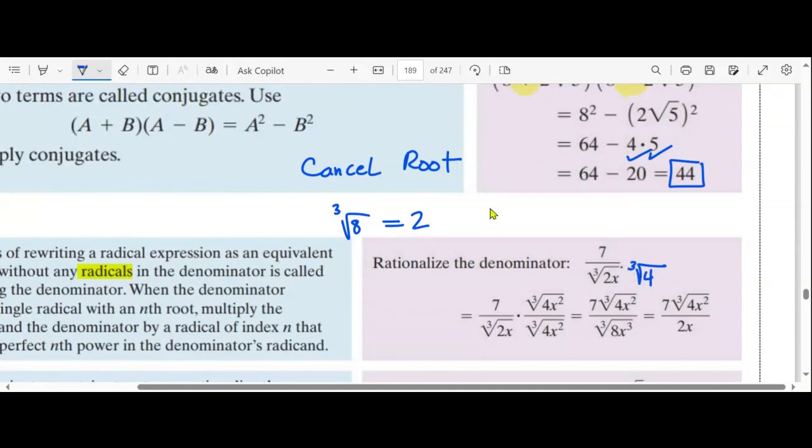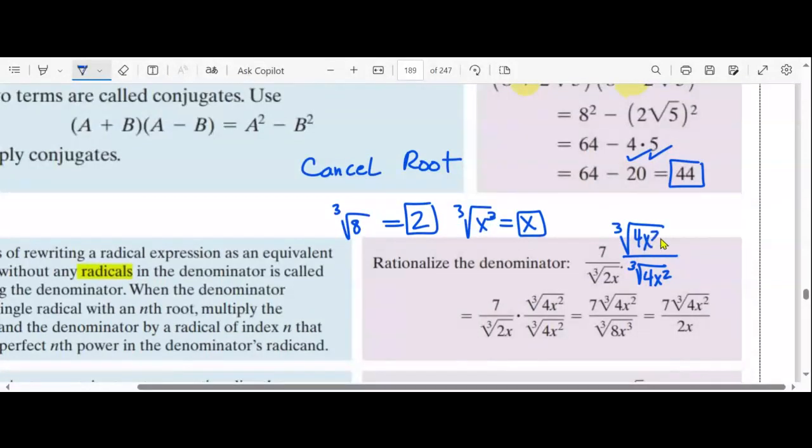And x. How can I take x outside the root? For the cube root you need x cubed. So in this case, I have to multiply also times x squared. And as I told you, if you multiply the denominator, you have to multiply the numerator.